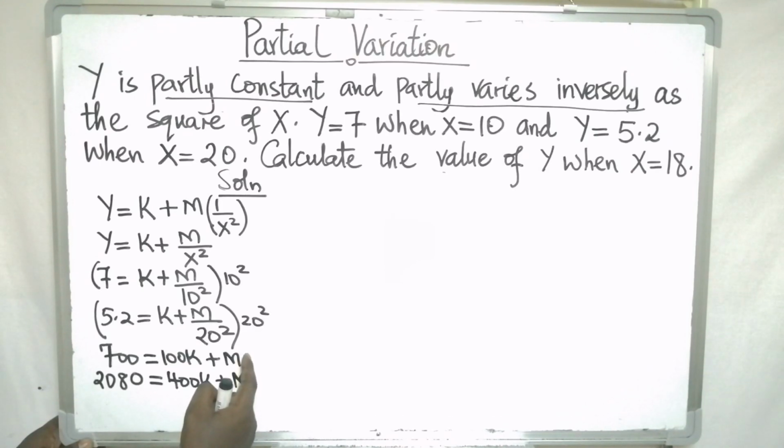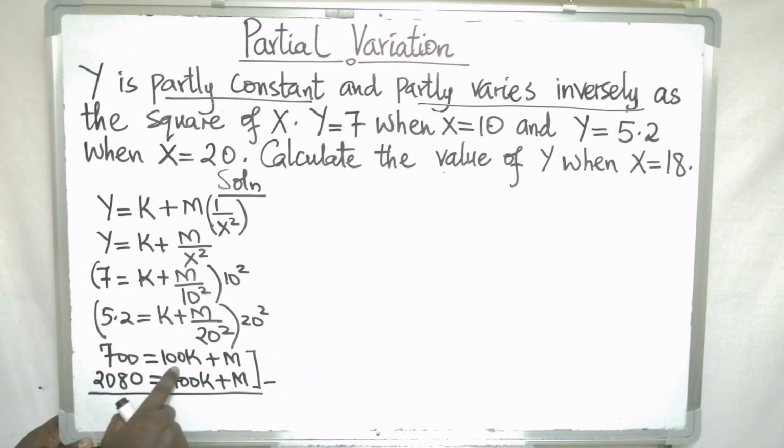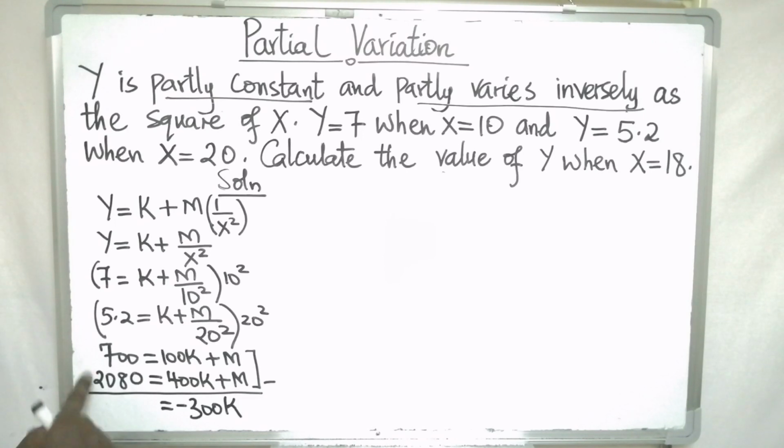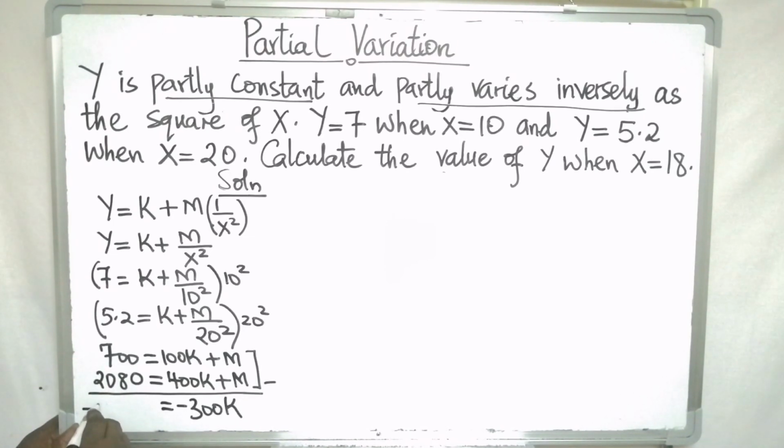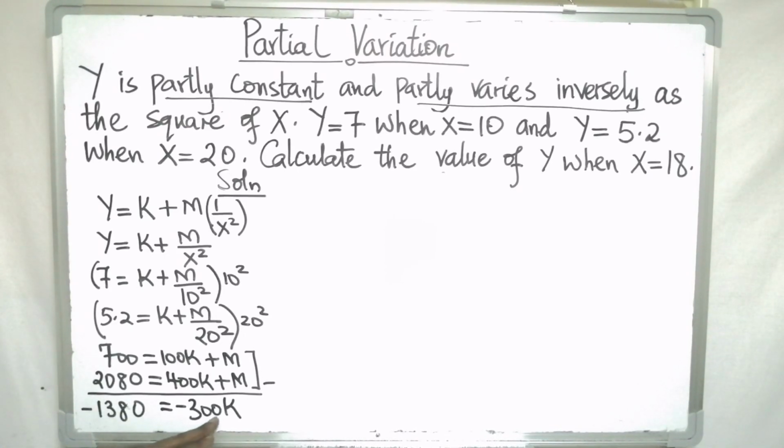Since we have m and m here, we can eliminate m by subtracting, so that m minus m becomes 0. 100k minus 400k will become negative 300k. 700 minus 2080 will become minus 1380. Then to get the value of k, we divide both sides by minus 300.